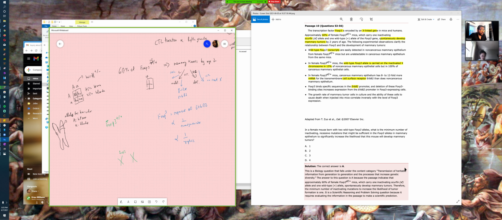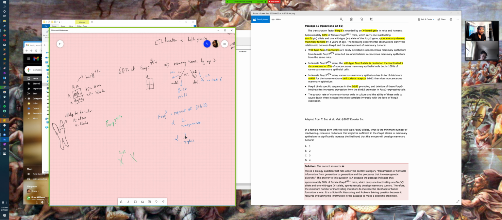So, what's the minimum number of inactivating recessive mutations that might be sufficient in the FOXP3 alleles in mammary epithelium to increase the likelihood that this mouse will develop mammary tumors?